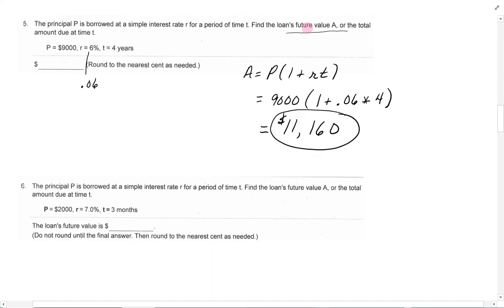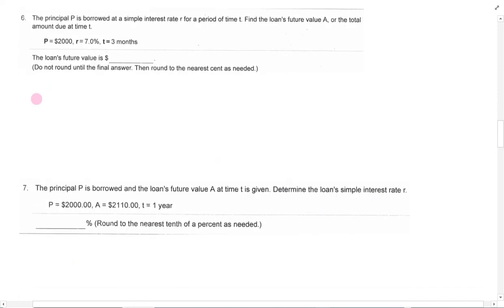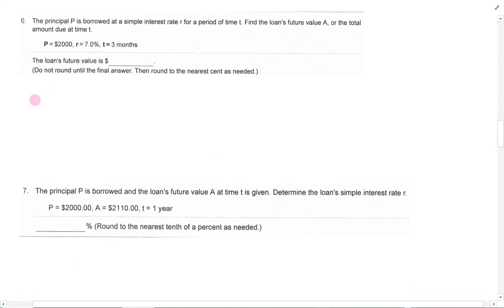Let's look at number 6. Find the loan's future value. I am given the principal, the interest rate, which will be 0.07, and the time, which is 3 months, so that's going to be 3 divided by 12, 3/12 of a year.